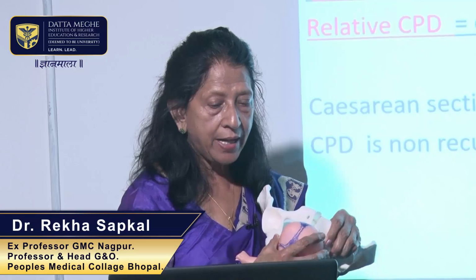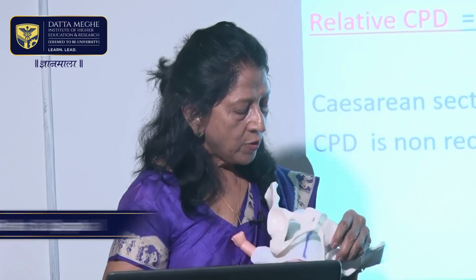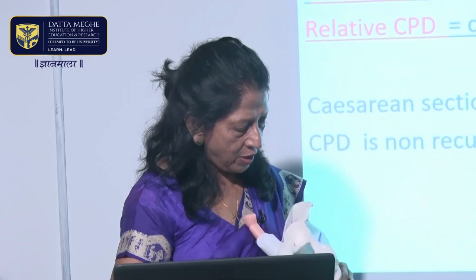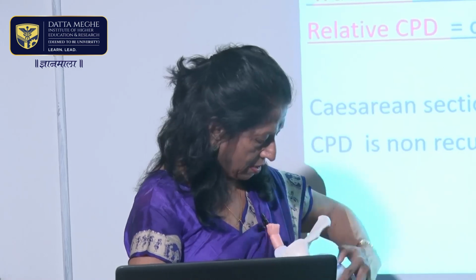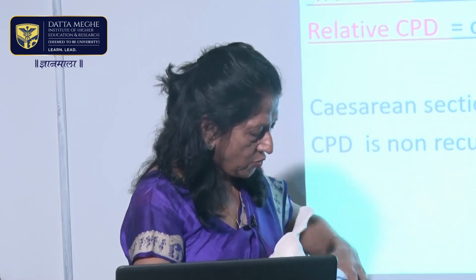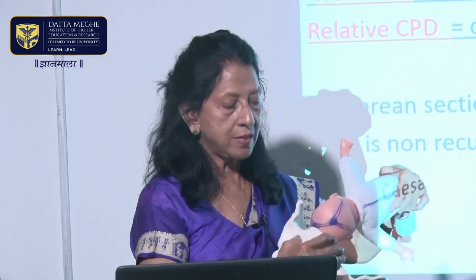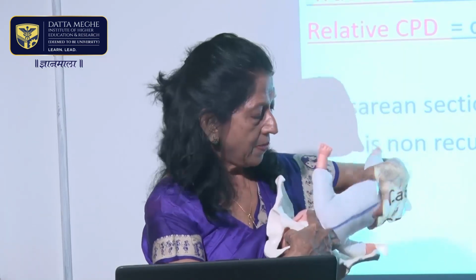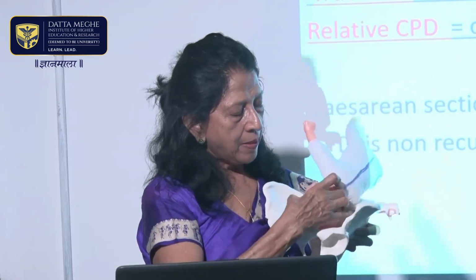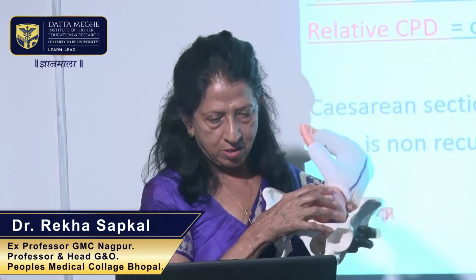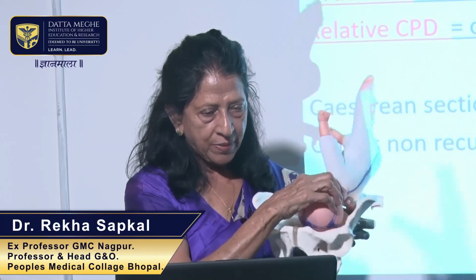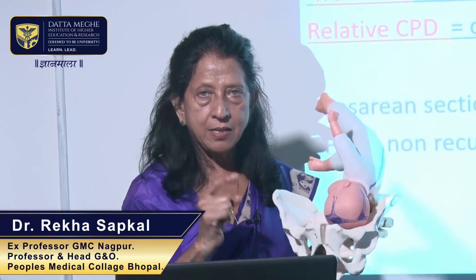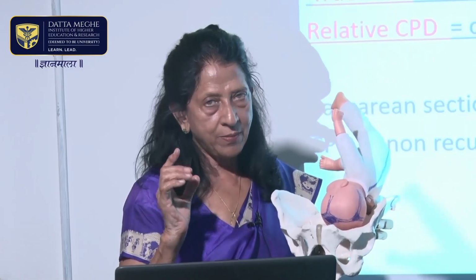So, deflection of the head is a relative CPD. CPD occurs at the level of the pelvic brim. So, in these cases, here I am assessing the pelvis, whether there is CPD or not at this level. CPD is assessed by abdominal palpation.